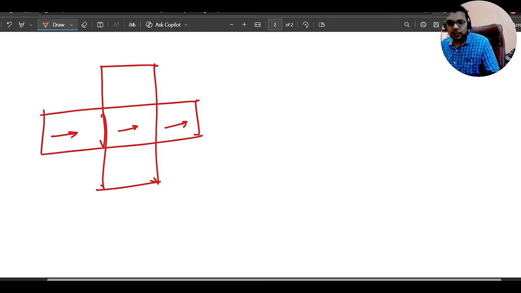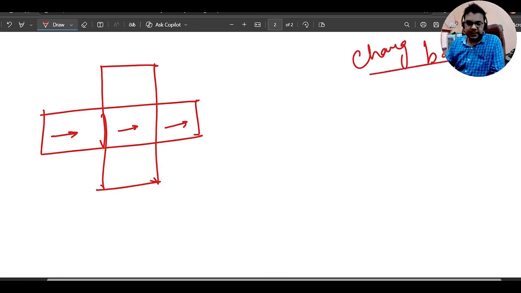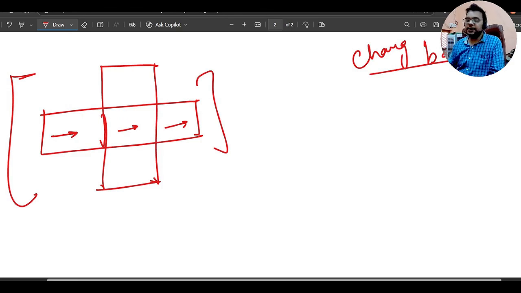Now suppose we want to use the change direction button. I think the rotate button is very, very simple and clear, but for this change direction button, we will get a little bit of clarity from this exercise. So suppose we have this change direction button and these three arrows. This change direction button can place these arrows in different areas. Suppose we use the change direction button on this cell.